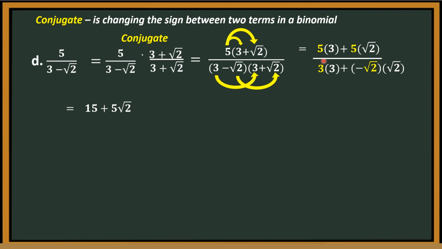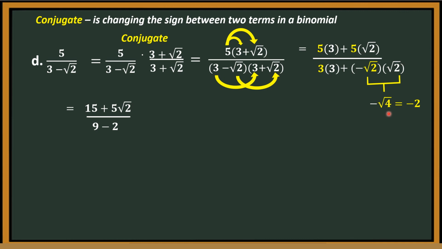So, 5 times 3, that is 15. 5 times the square root of 2, that is 5 square root of 2. And then, the denominator, 3 times 3 is 9. And then, square root of 2 times negative square root of 2, the answer is negative square root of 4.